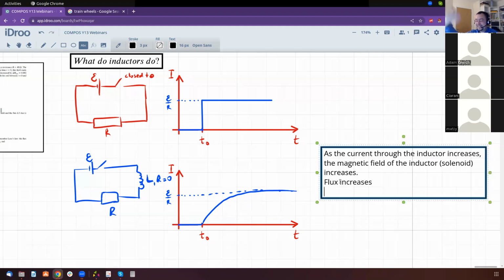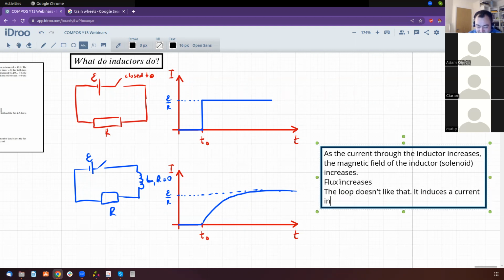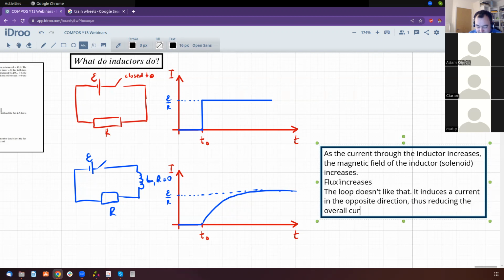Somebody tell me what's the next phrase which I use? Flux increases. Loop doesn't like that. It induces a current in the opposite direction, thus reducing the overall current.